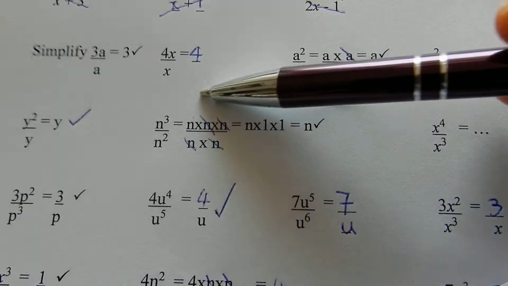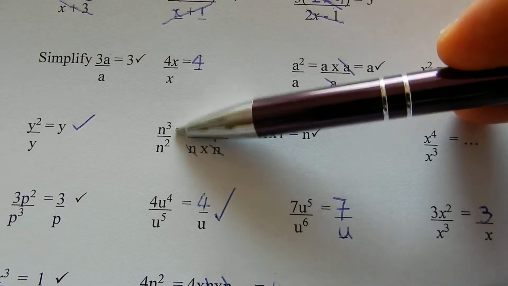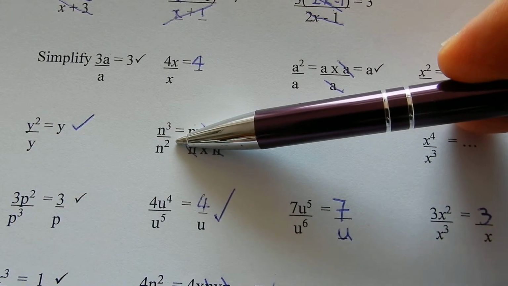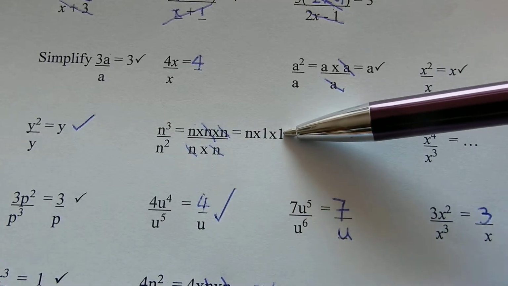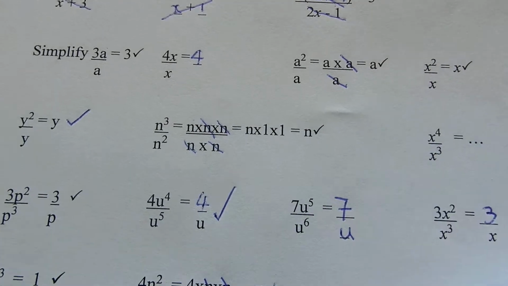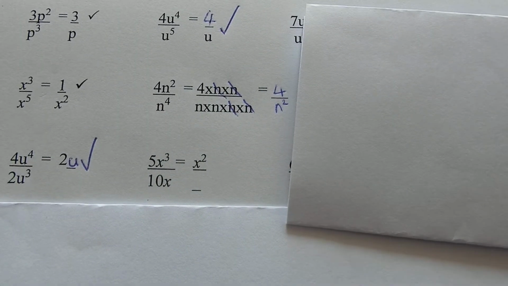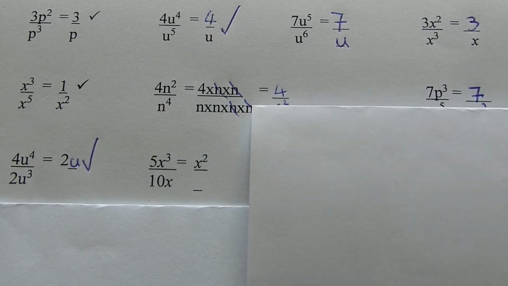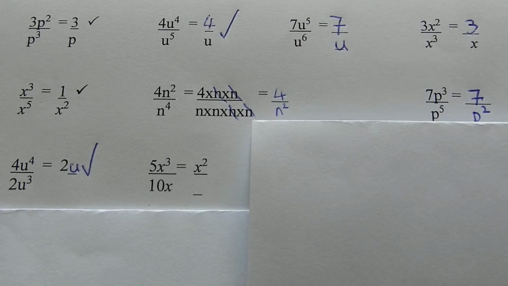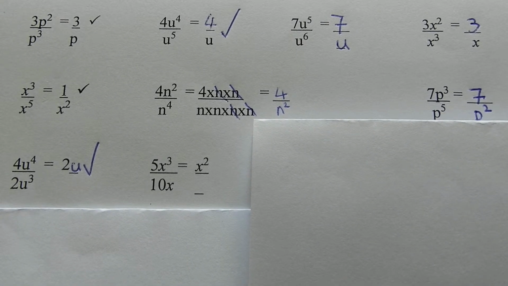Up here, the top number, take away the minus number, gives you +1. That's why there's an n on the top. That's kind of just a way of explaining that doesn't really help to say why. I like my students to know why.